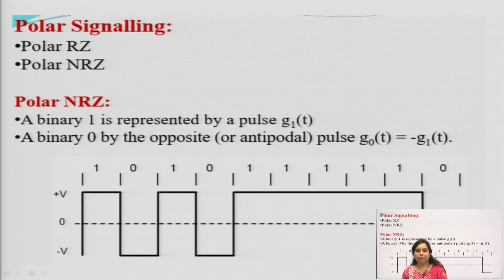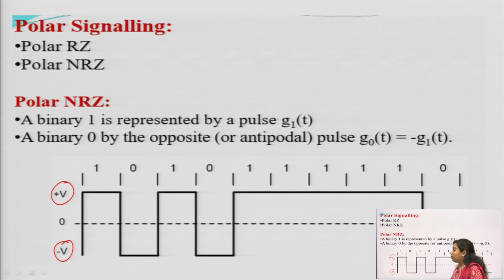Now, next one will be the polar signaling. In case of polar signaling, I have said that both the positive voltage and negative voltage you have to consider. There are two types available for the polar signaling, that is the polar RZ and polar NRZ.